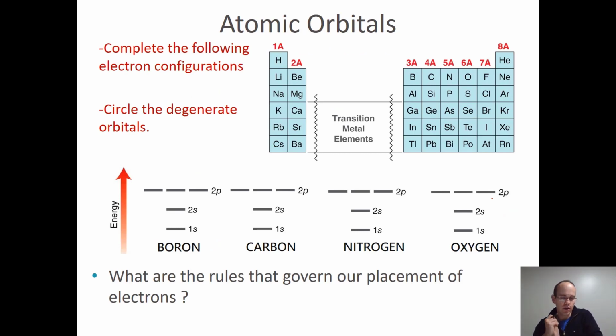All right, so here is a little practice. And the question is, complete the following electron configurations. The way you go about doing something like this is you look at the periodic table and you say, here's boron. Boron has 3 valence electrons.